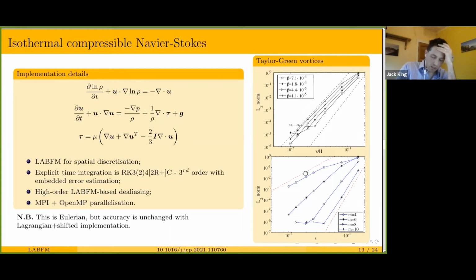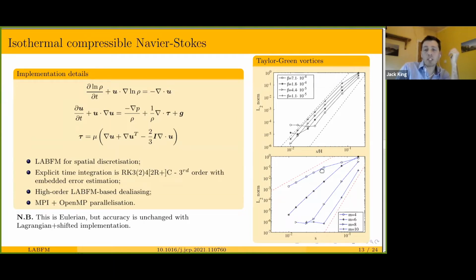On the bottom, I'm keeping the compressibility fixed, but changing the order of LABFM from 4th, 6th, 8th to 10th. And again, at 8th and 10th order, we encounter this compressibility related error limit, which is just an unavoidable consequence of comparing this compressible simulation with an incompressible analytical solution.